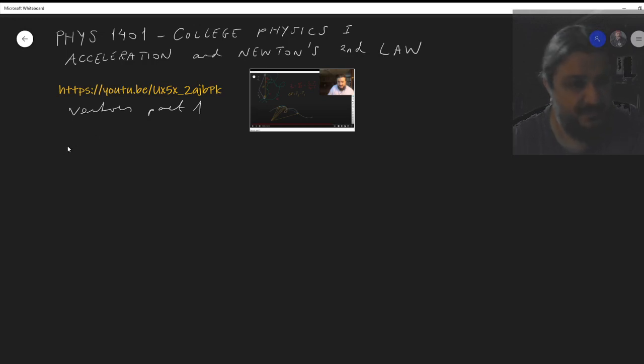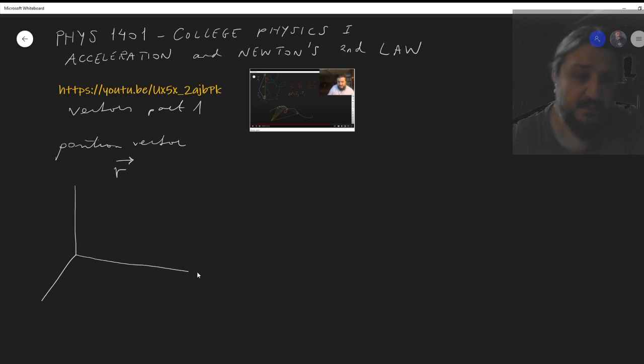a position vector, which is called R. Okay, so R tells you where you are in the three-dimensional, it could be two-dimensional too, plane.